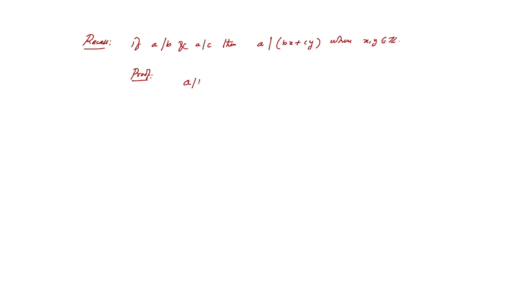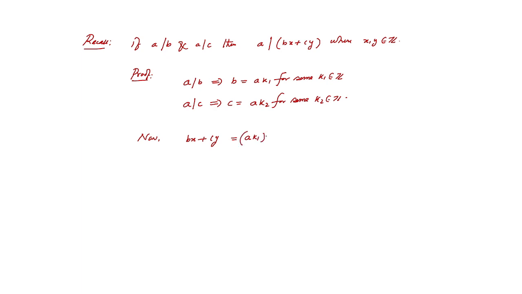So what is given? a divides b. From that we can write b = a k1 for some integer k1 belonging to Z. Again a divides c implies c = a k2 for some k2 belonging to Z. Now start from bx + cy. b means a k1 x and c means a k2 y.